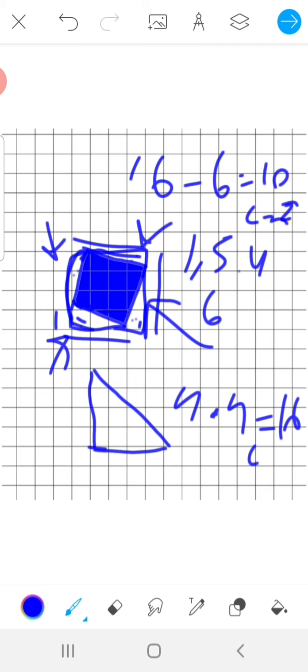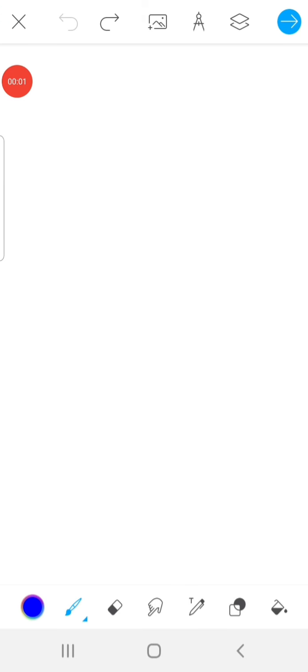Okay, and now on to 6.3. For chapter 6.3, I'm going to give you some questions about how to go from a decimal to a percentage to a fraction.